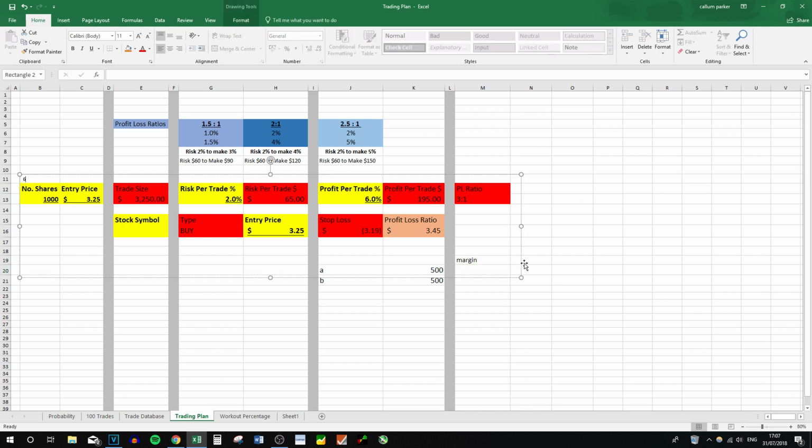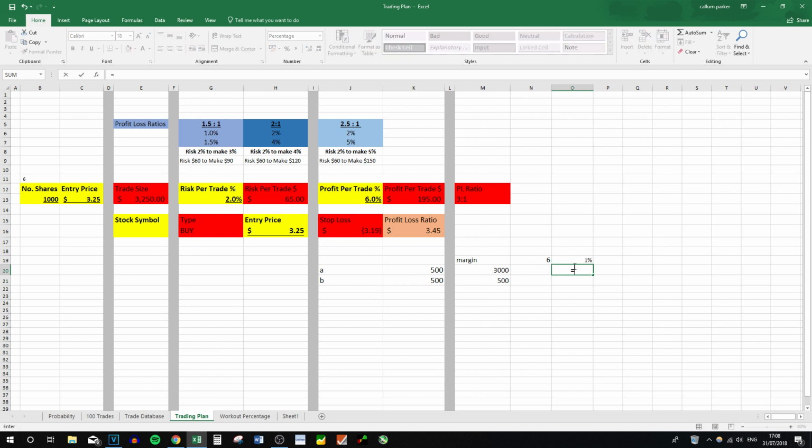So $500 times the 6 margin that they're allowed to use gives them $3,000, and person B still has $500. Now let's assume this person buys with 100% of their buying power. It's quite risky, I wouldn't do that personally, but hypothetically, let's say the person goes 100% in on this trade, and wants to make 1% profit.